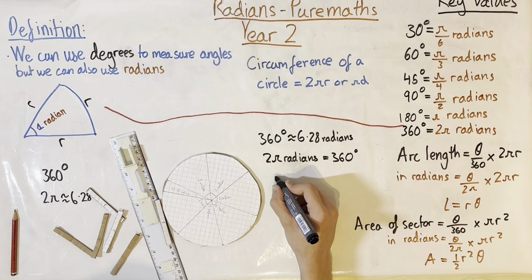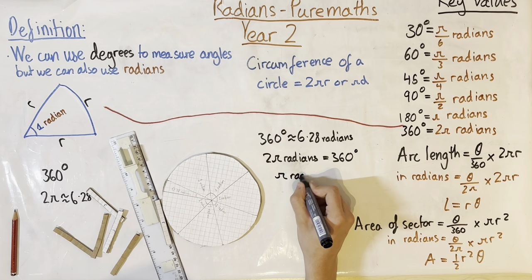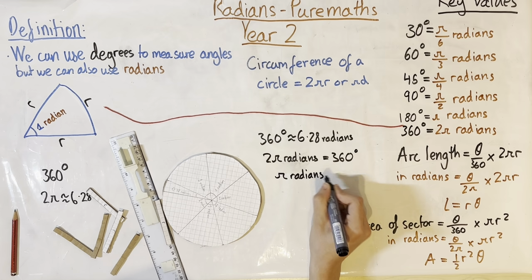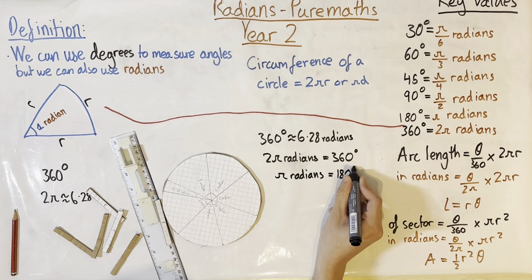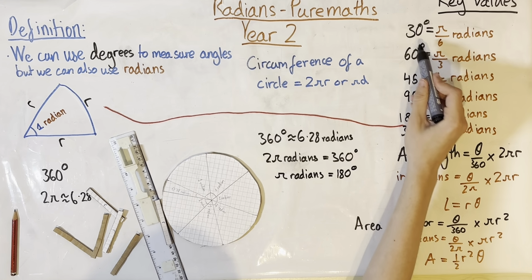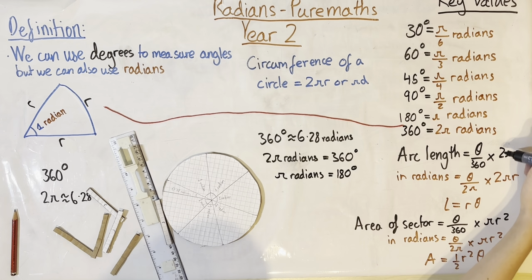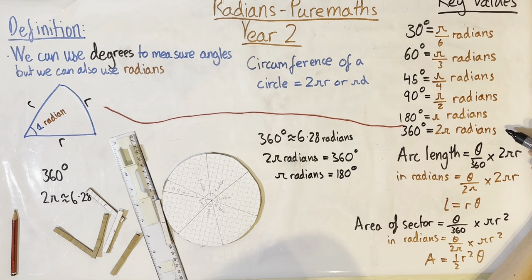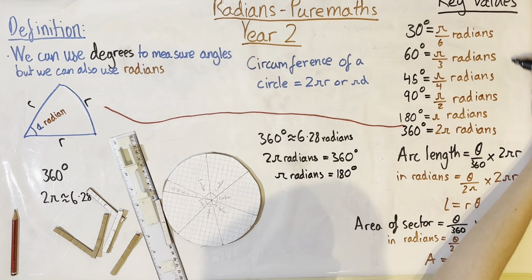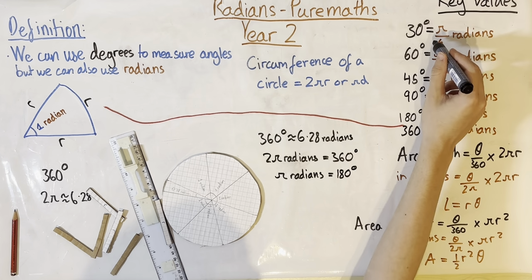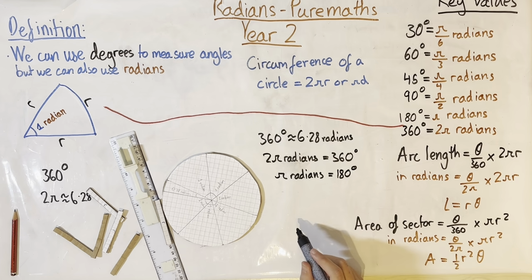So from this we can say that pi radians equals 180 degrees. And you're going to want to write down all these values for converting degrees into radians.